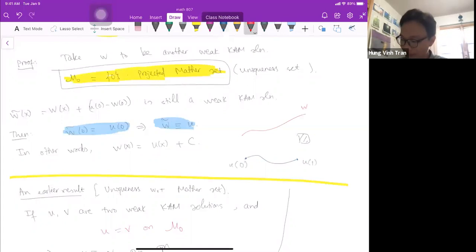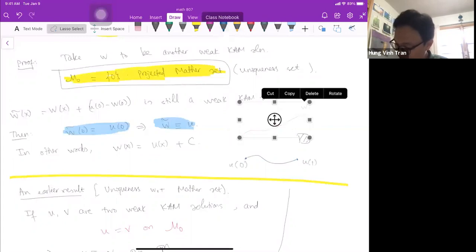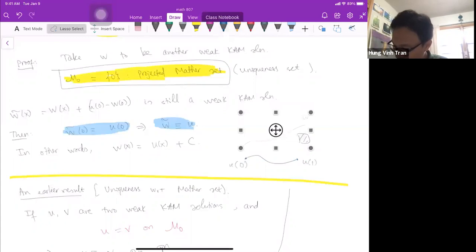I'm making a copy and shifting it down to another function, w tilde, so that w tilde of 0 equals u of 0.